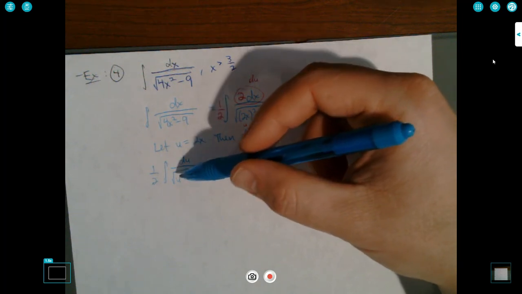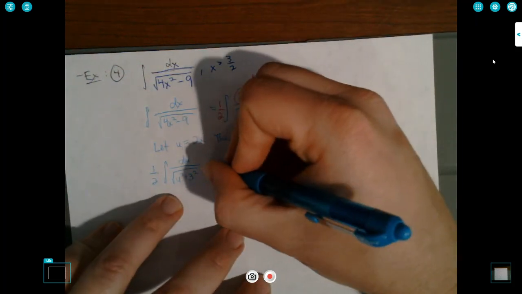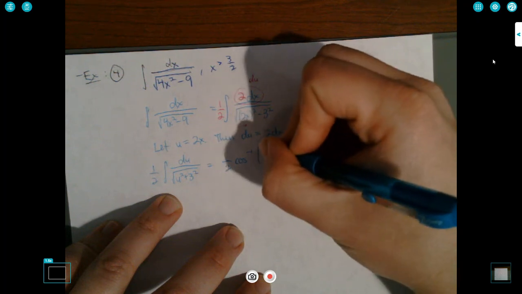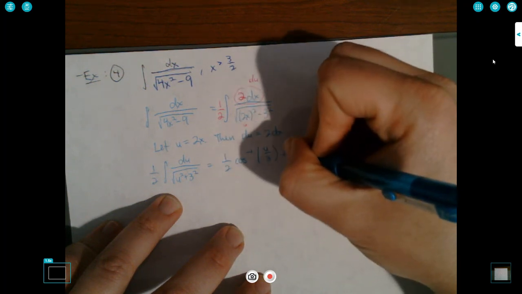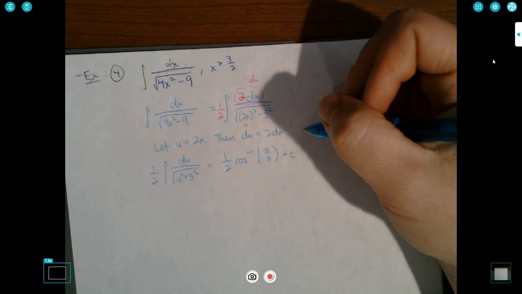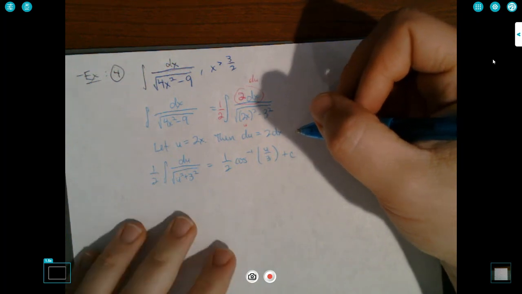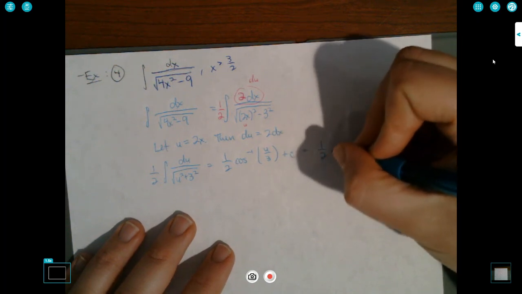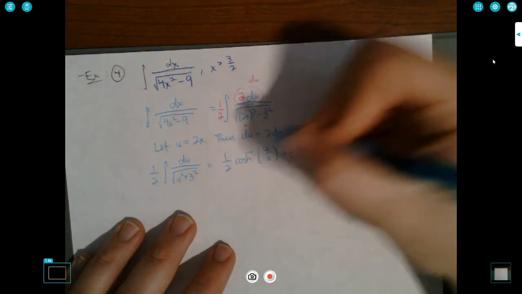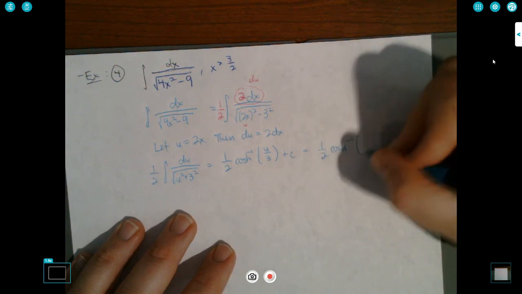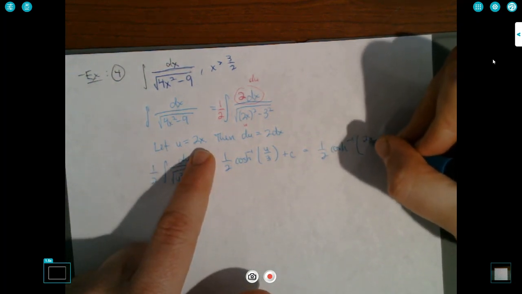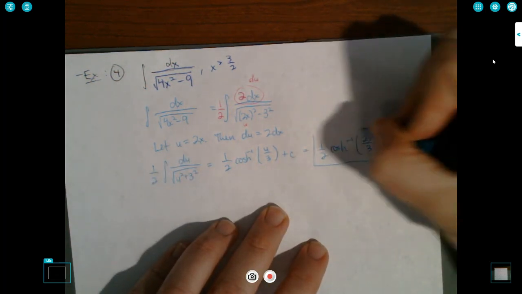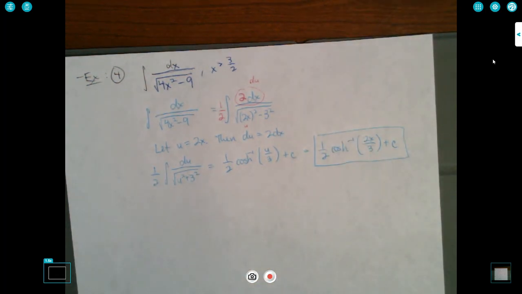This is cosh inverse of u over 3. So this is 1/2 cosh inverse of u over 3 plus c. And then I can replace u with 2x. And so I get 1/2 cosh, not cosine inverse, cosh inverse of 2x over 3 plus c. And that'll do it, right? And that's that one.